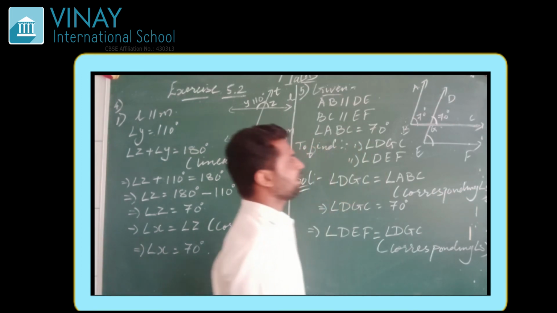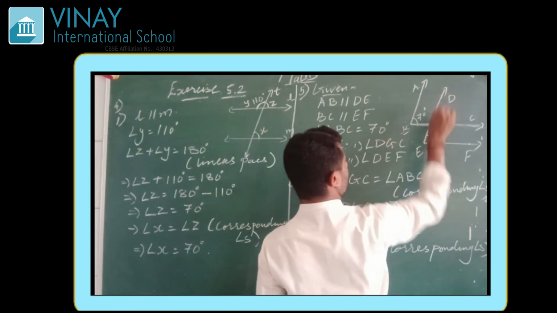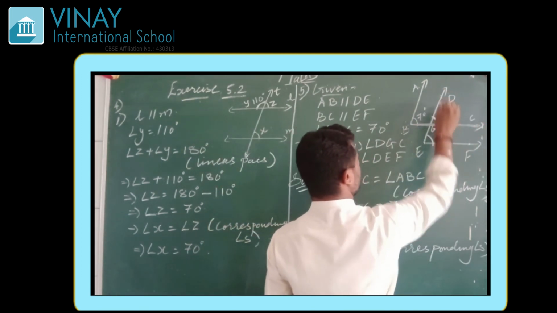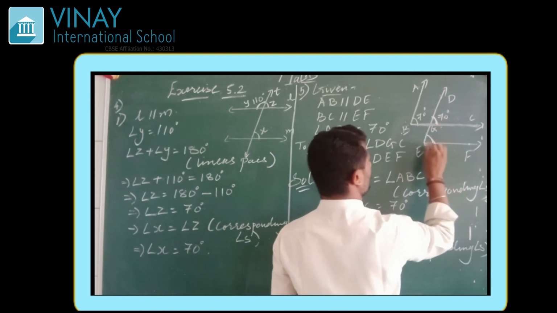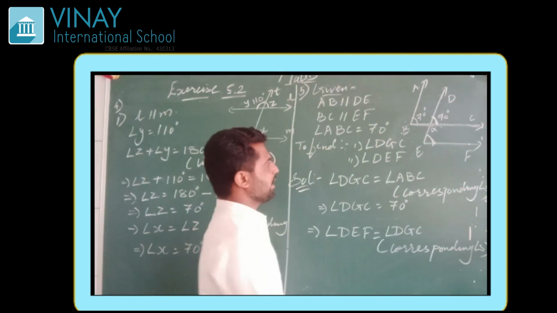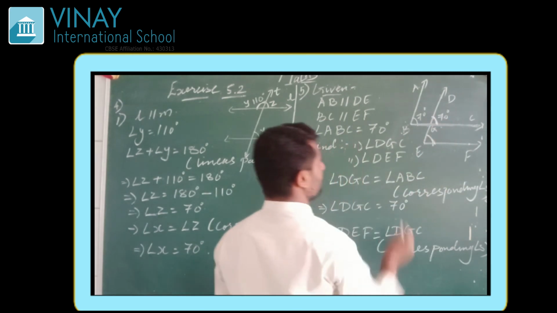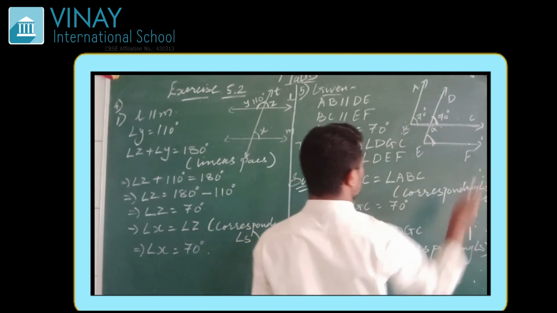This angle DGC and angle DEF are again corresponding angles, and that's why they are equal, as BC is parallel to EF.